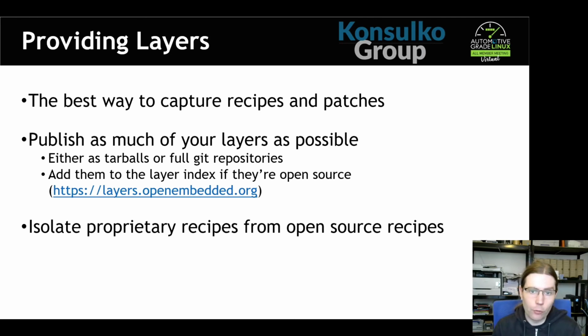If these are open source, you can add them to the layer index maintained by OpenEmbedded so that they're easy for people to find. And this works really well when you isolate proprietary recipes into one layer and any custom open source recipes or modifications to recipes in another layer, so that you can just release the open source components and not worry about accidentally releasing the proprietary ones.